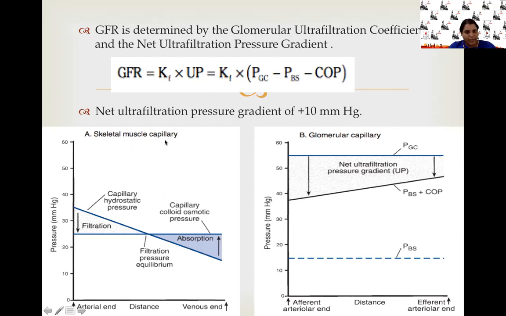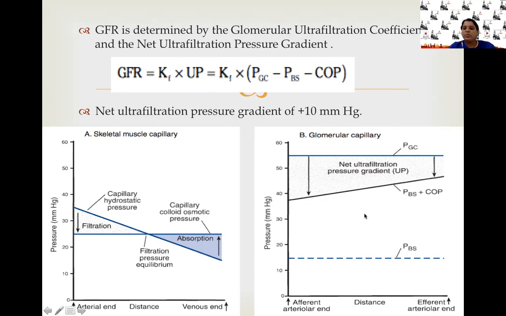So in the other capillaries of the body, where there is a constant drop in the hydrostatic pressure from the arterial to the venous end and the oncotic pressure remains more or less stable, there occurs a point where there is no filtration. This is called filtration pressure equilibrium. Unlike this phenomenon in the skeletal muscles, in the kidney there is no such point. That is, at no point do the hydrostatic and the colloid pressures equilibrate, resulting in no flow.